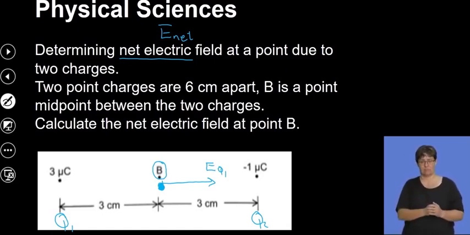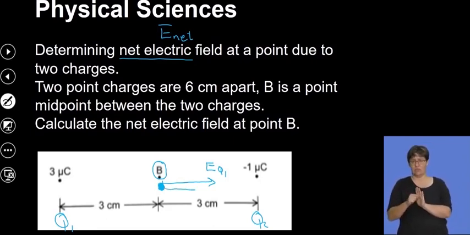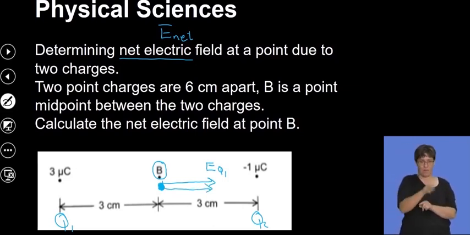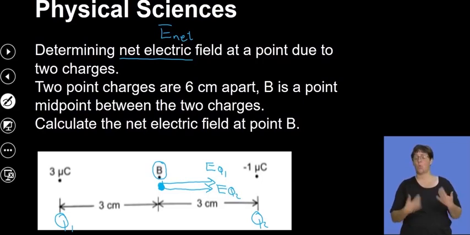What about the force experienced by the unit positive charge at the same point B due to Q2? Now, Q2 is negative, so it will exert an attractive force on the unit positive charge. Then we've got our E due to Q2. So this is our vector diagram, which will be very important in terms of the direction.